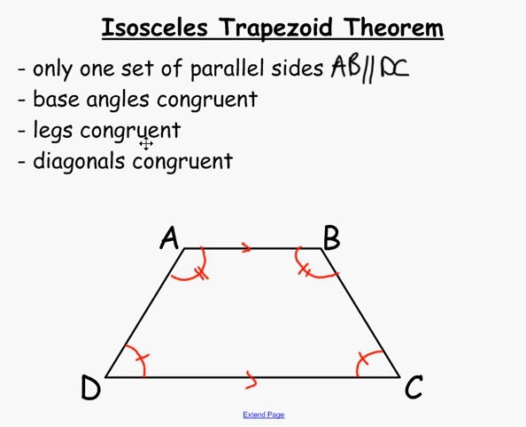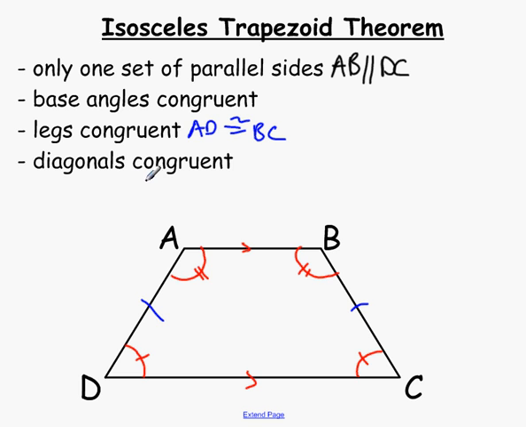The legs are congruent, and what that means is that side AD is congruent to side BC. So side AD is congruent to side BC. The legs are congruent. So AD is a leg, BC is a leg, right? It's isosceles, so it's got to have two equal sides.